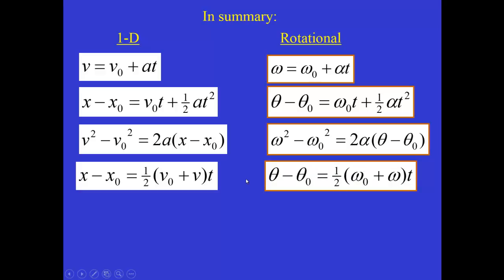We even had a fifth equation that we wrote down, but I'm not going to reproduce that here. We didn't use it very often. So I'm hoping that you'll see that all you have to really do is remember the one-dimensional equations and then make the appropriate replacements. x for position becomes theta, v becomes omega, a becomes alpha, and these equations are basically expressing the same physics, but now for rotational motion.